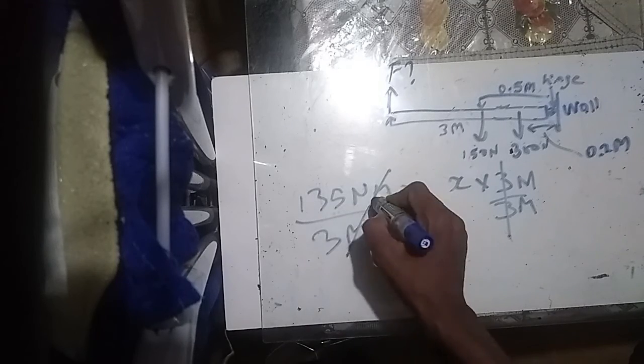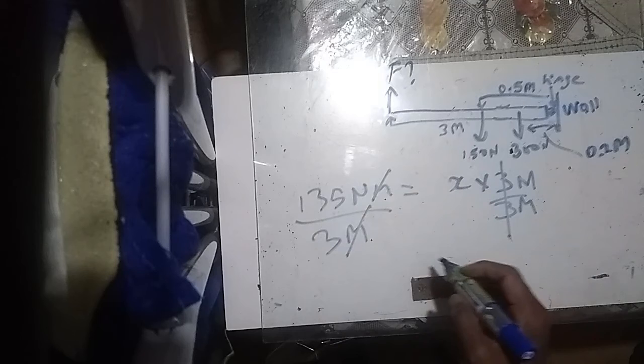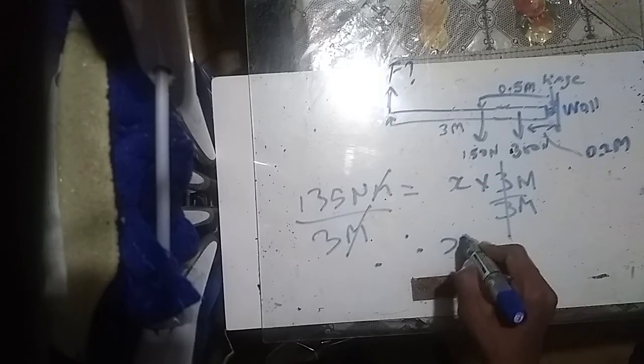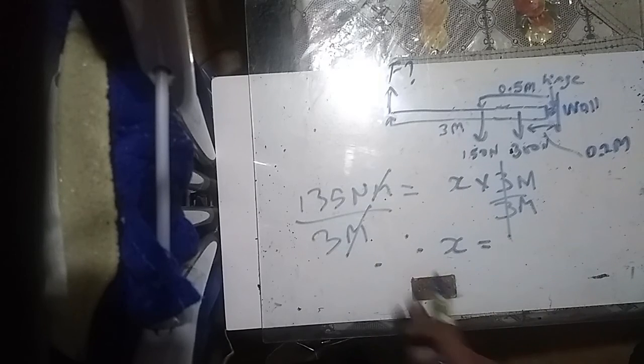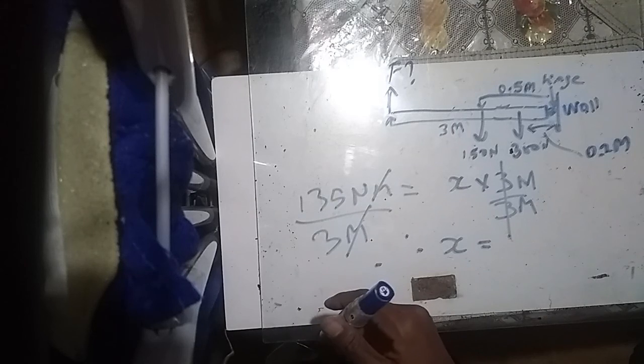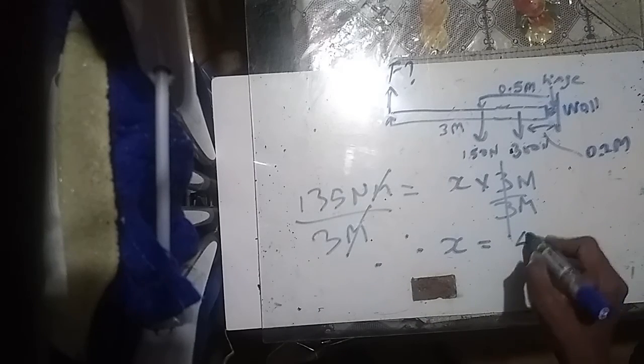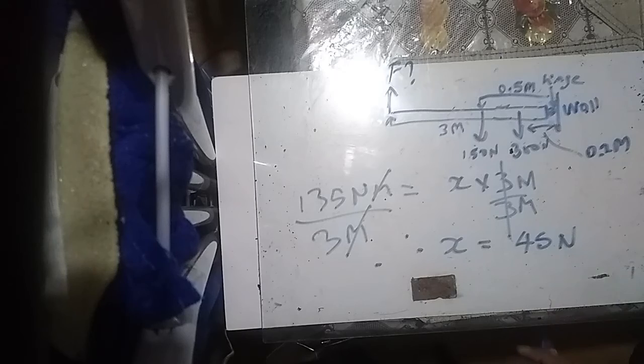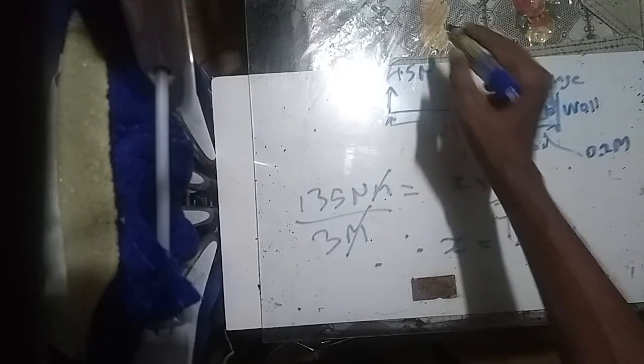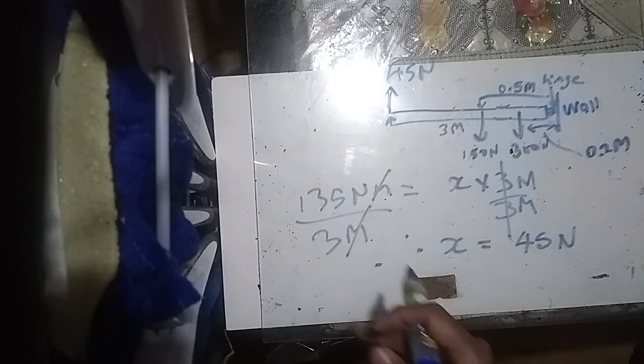So meter cancels meter, 3 into 135, therefore x is equal to 45 Newtons. Okay, therefore the force here is 45 Newtons. So that is how you do questions like that.